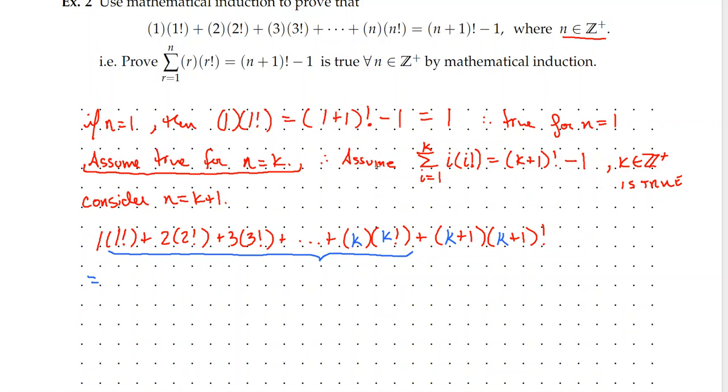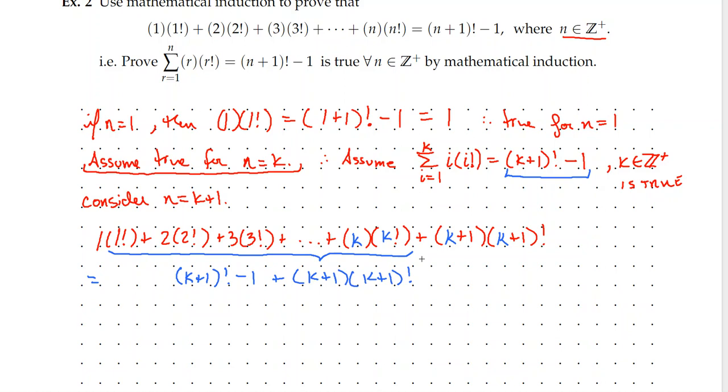A common mistake is to work with n when we're talking about n equals k or k plus 1. So our first piece we know is our inductive hypothesis. So we're going to have k plus 1 factorial minus 1, and then plus k plus 1 times k plus 1 factorial.